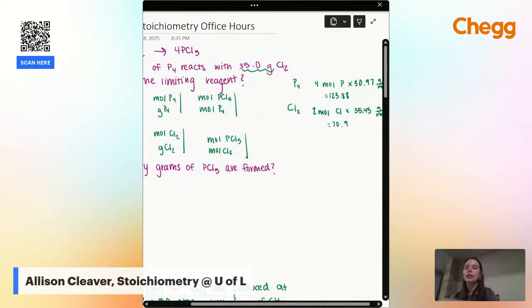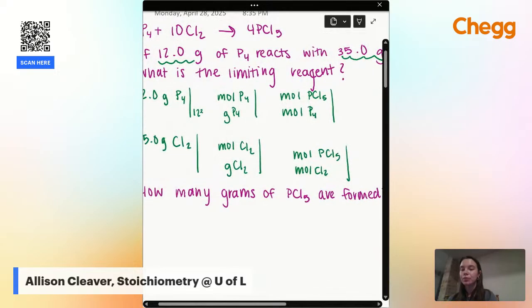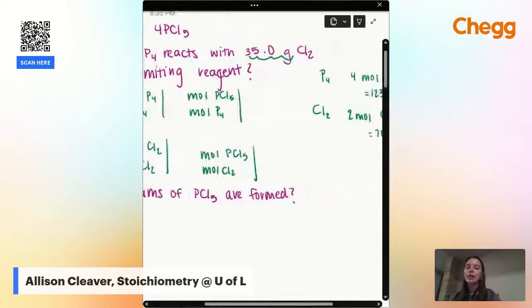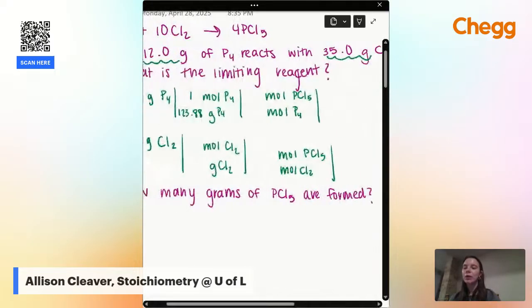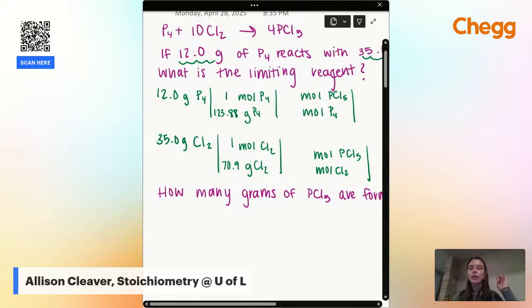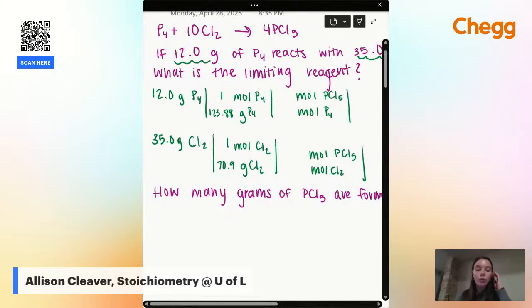So now let's plug those numbers in. We have 123.88 grams per mole of P4, 1 mole, and then we have 70.9 grams per 1 mole of Cl2. And then we need those mole-to-mole conversions.